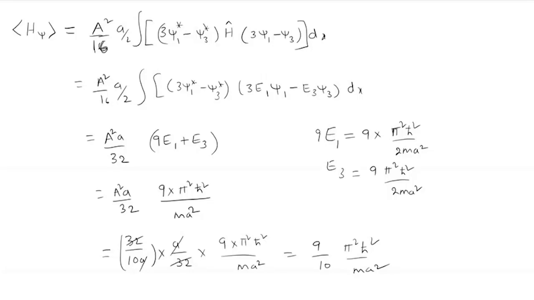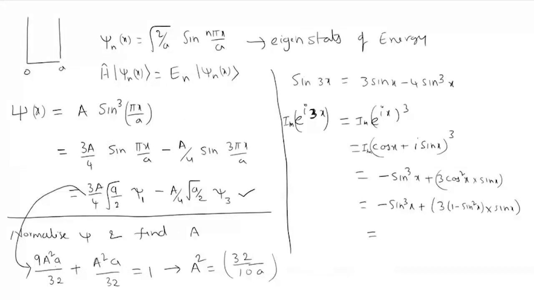Sir, can you go to the previous slide once? This one? Yes, sir. Sir, in this equation, psi x equals a sine cube pi x upon a. In the third step, when you write sine pi x upon a, why is there a root 2 over a? Yes.